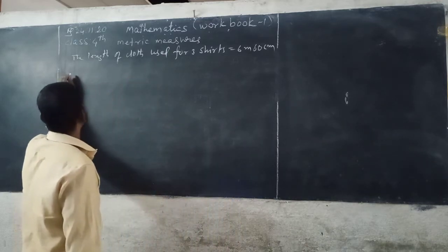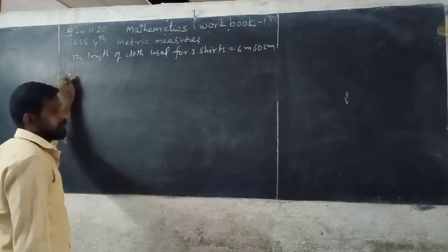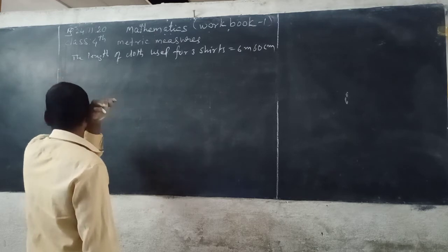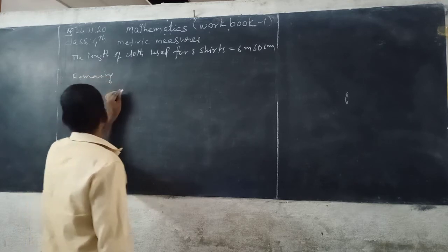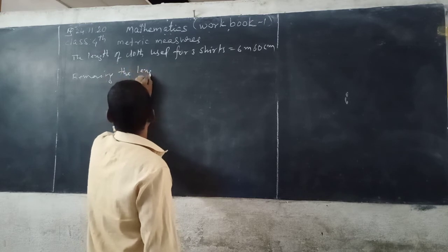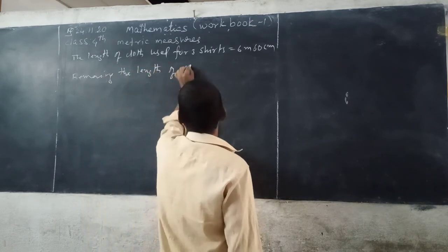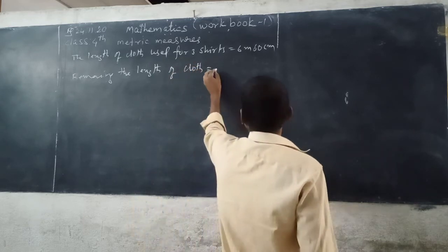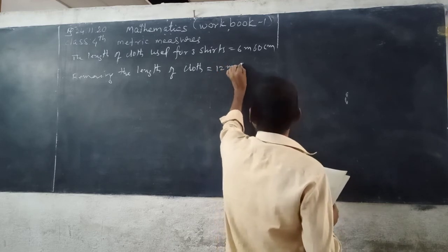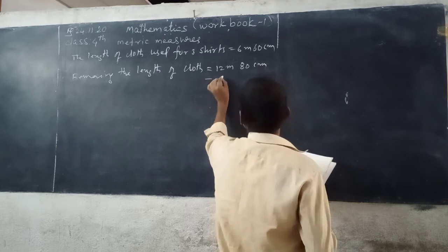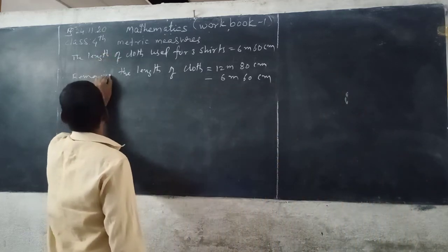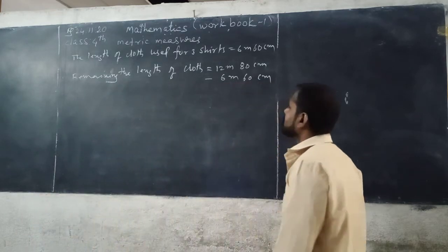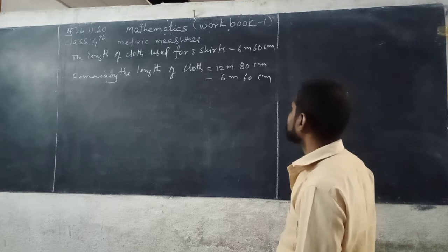Then you can write, the remaining length of cloth is equal to 12 meter 80 centimeter minus 6 meter 60 centimeter.